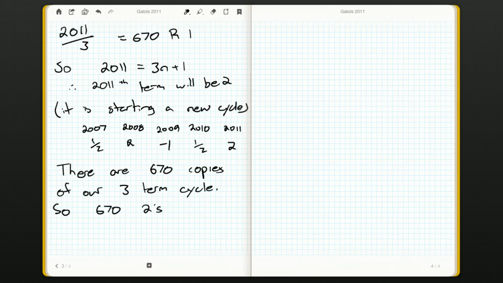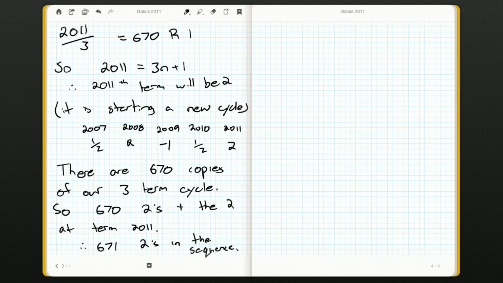So we'll have 670 2's plus the 2 at term 2011. So we'll have 671 2's in the sequence.